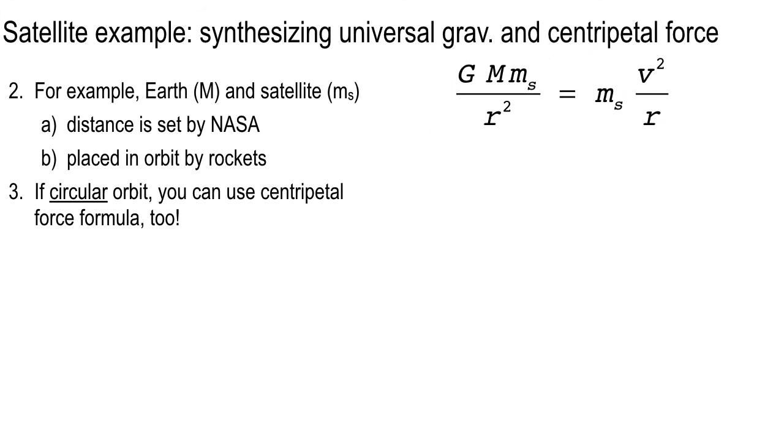Now, you'll notice something that's really cool and very, very convenient. The mass of the spacecraft cancels left and right side. That is very nice, because what it means is that here's your leftovers, G M over r squared and v squared over r.